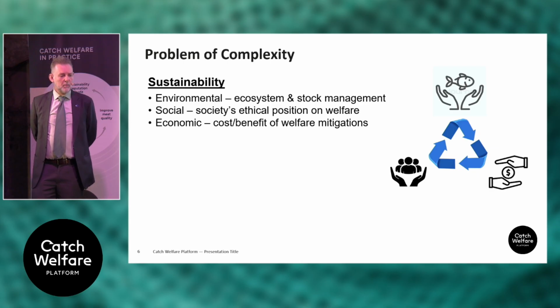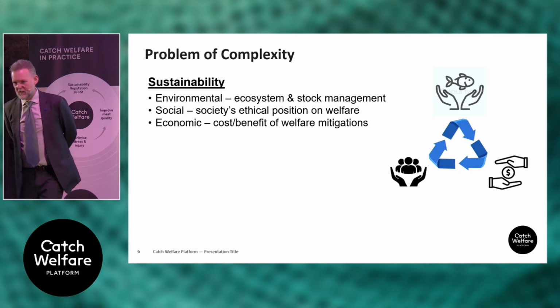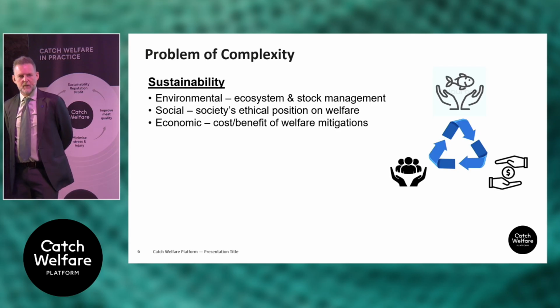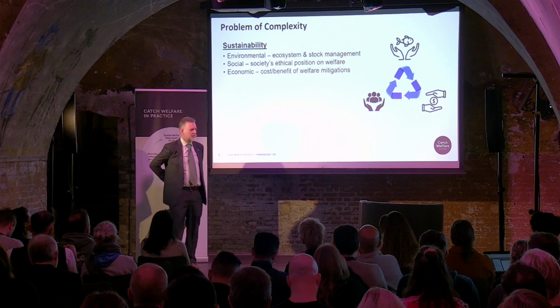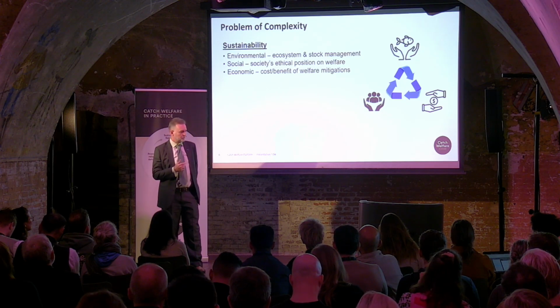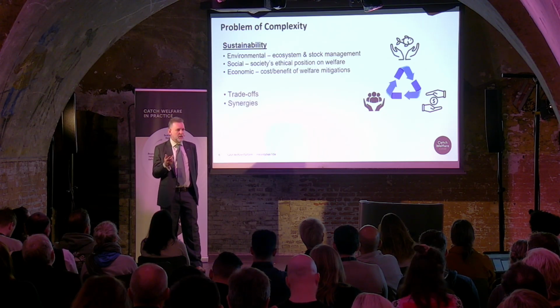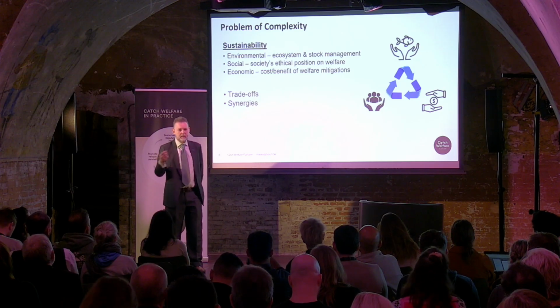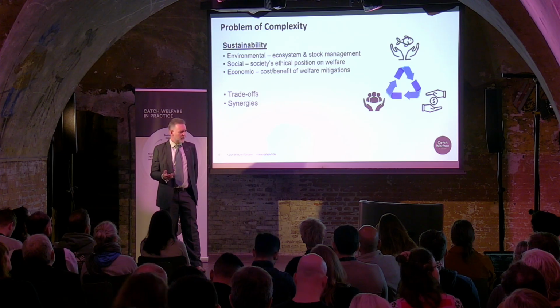There's also a problem of complexity. Now, one of the standpoints, or one of the objectives within the platform is to ensure that good catch welfare leads to good sustainability. Now, within sustainability, we have 3 pillars. We have environmental, social, and economic. Between those 3 pillars, there are going to be trade-offs. If you favor one, it's going to lead to costs in another. Hopefully, there are going to be synergies too.